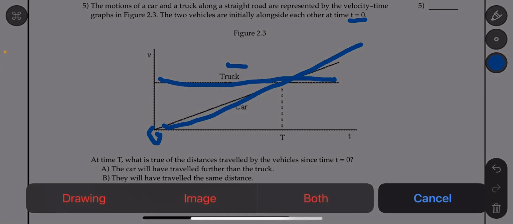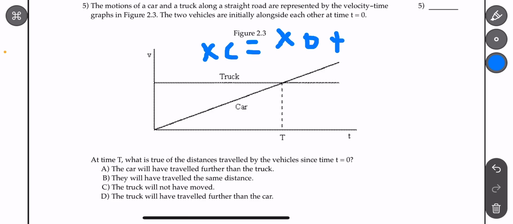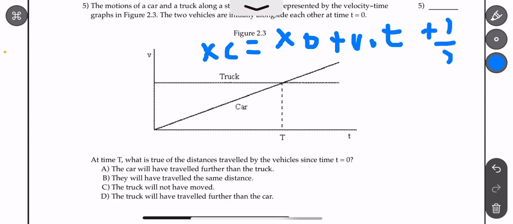this equation. Let me erase this. By breaking down this equation here, let me write it out. Plus v t plus 1/2 a t squared.